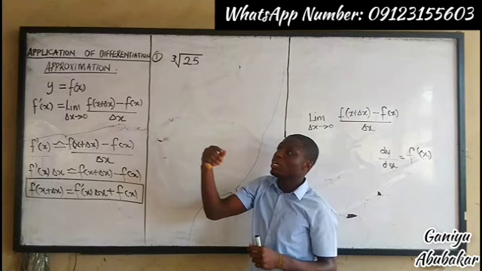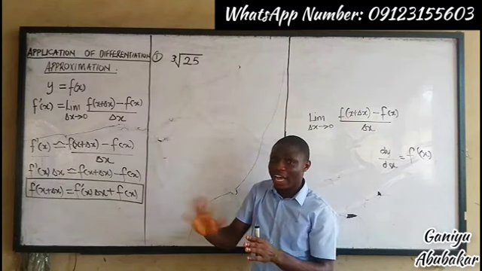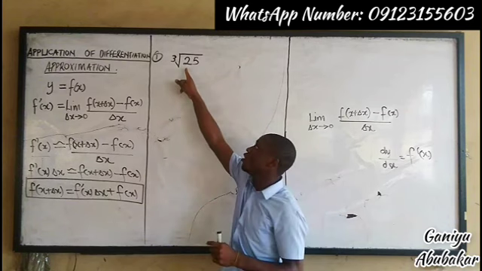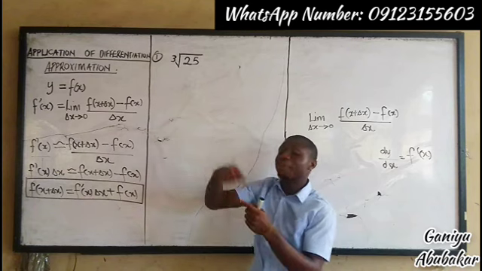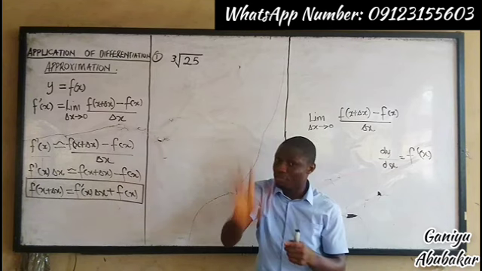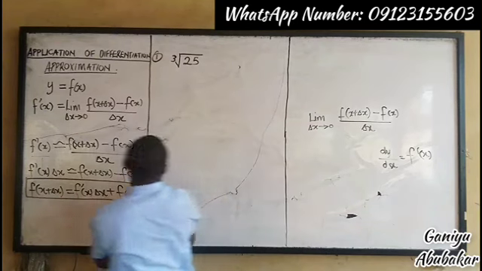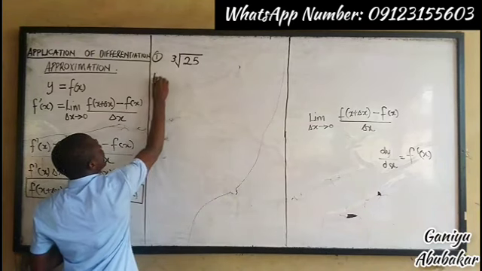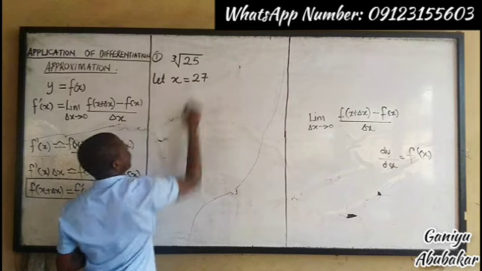Let's start from 2. 2 times 2 times 2 is 8. I can't use 8 because 8 is not near 25. Let's do 3. 3 times 3 times 3 becomes 27. So 27 is quite close to 25. So my task now is to let x be equal to 27.